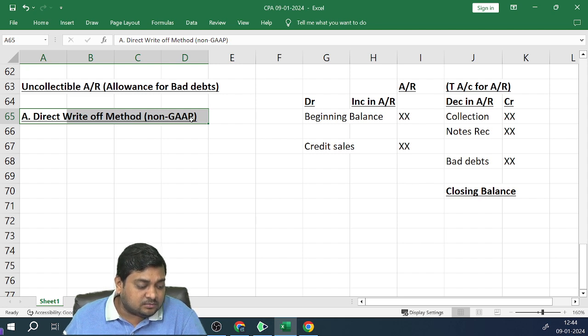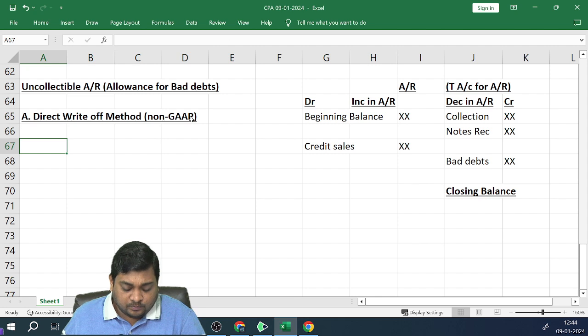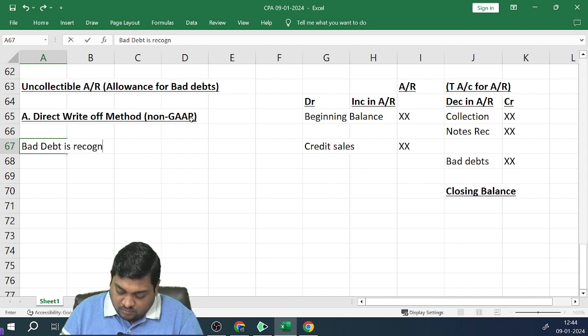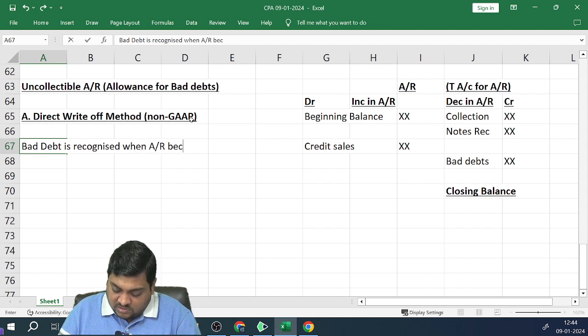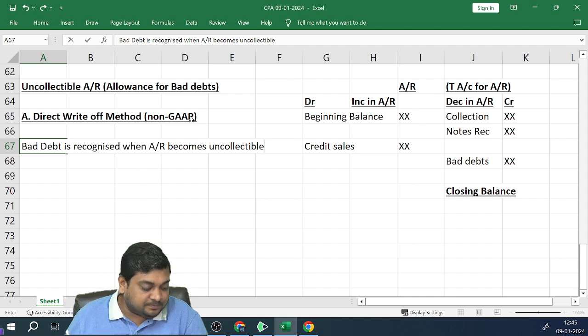This direct write-off method, this is non-GAAP, right? Bad debt is recognized when accounts receivable becomes uncollectible, right?